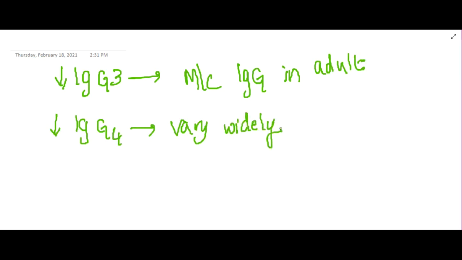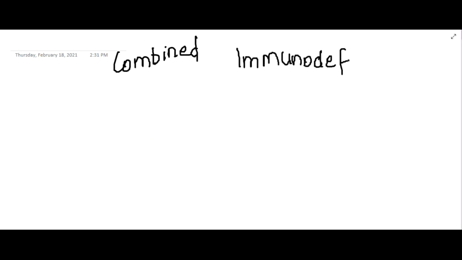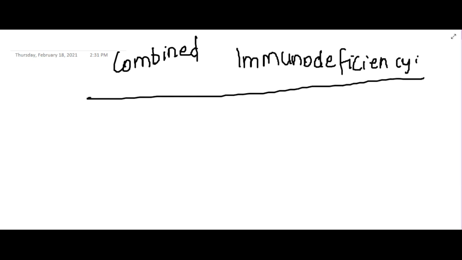So these are the primary antibody deficiencies in the primary immunodeficiencies. Then after this we have one more group which is called as combined immunodeficiencies, right? In combined immunodeficiencies, we can divide them into 5 types.